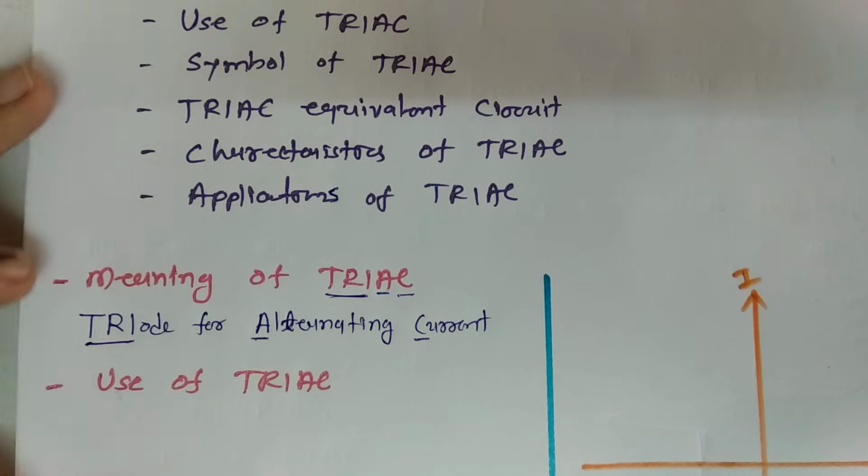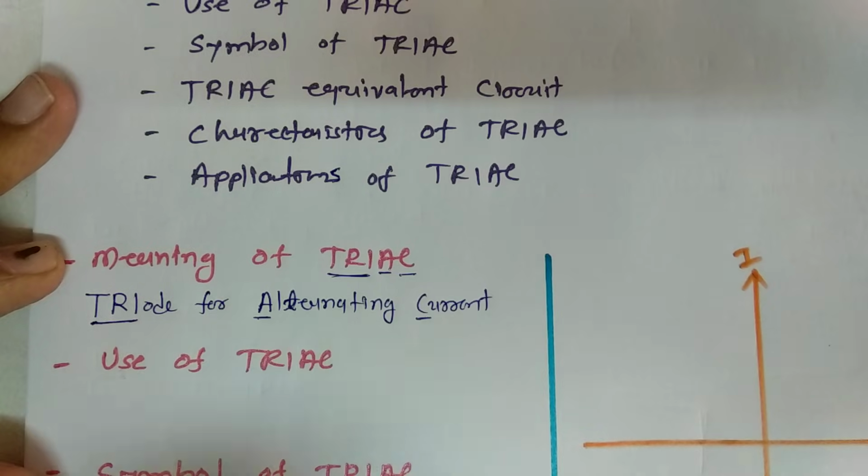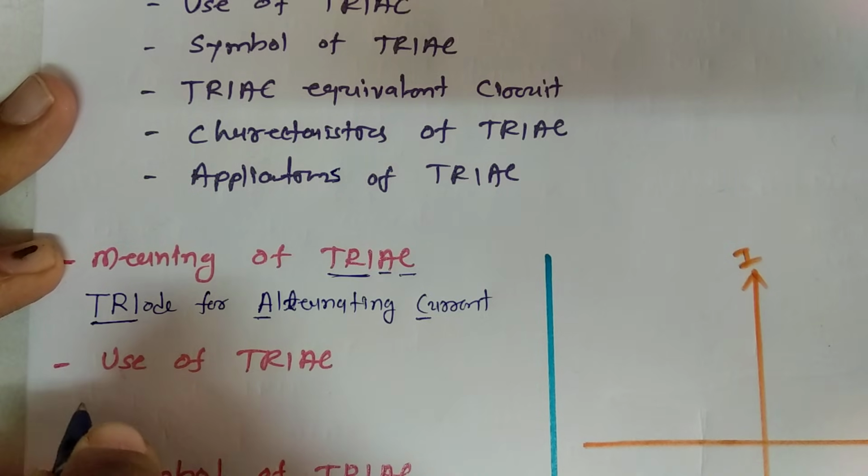And then what is the use of triac? Unlike SCR, we can trigger this in both directions. In SCR, we have the facility to trigger only in forward bias, but triac can trigger in both directions.